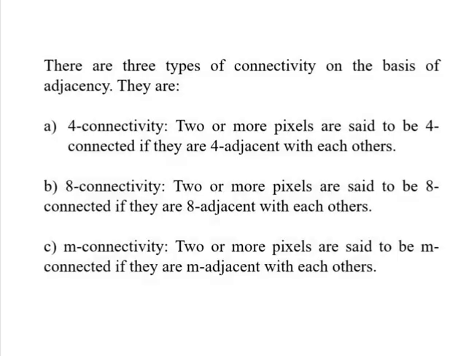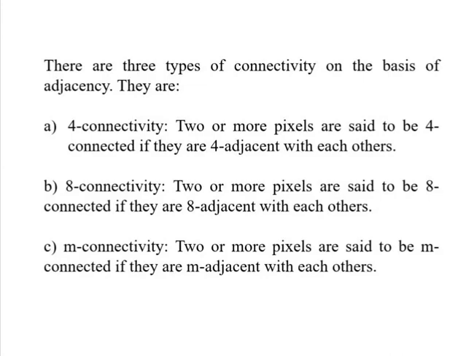Figure B shows 8 connected if q is in the set N8(p), and the last figure C shows M connected if q is in N4(p) or q is in ND(p) and the set is empty. The figure shows the adjacency and connectivity. Here the red line shows the 8 adjacency and the white line shows the M adjacency.